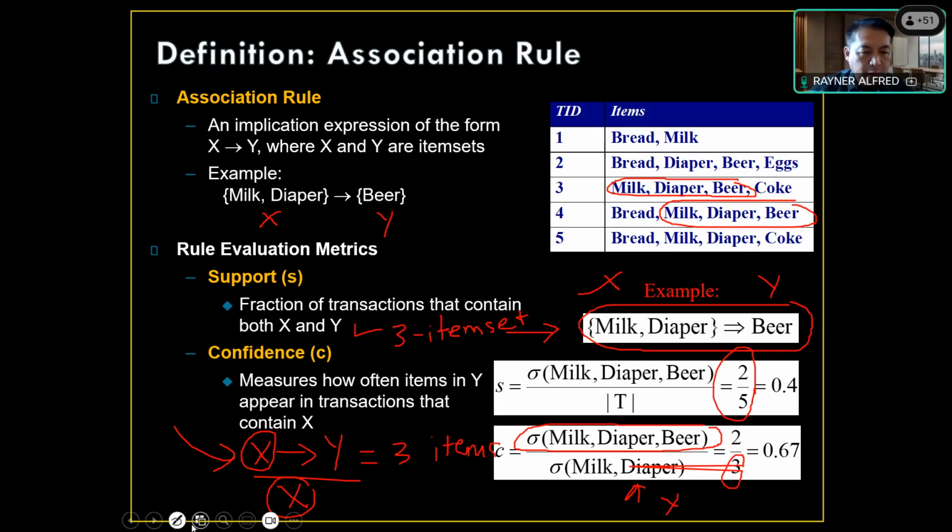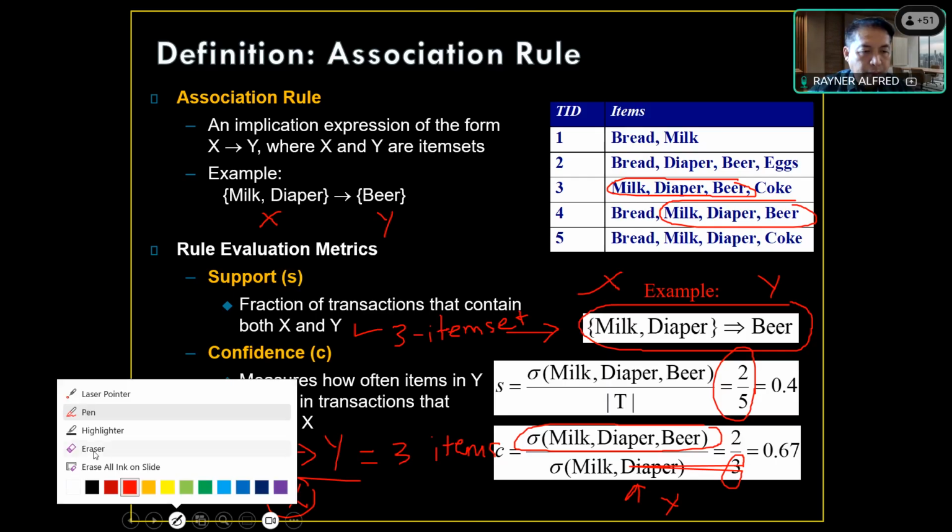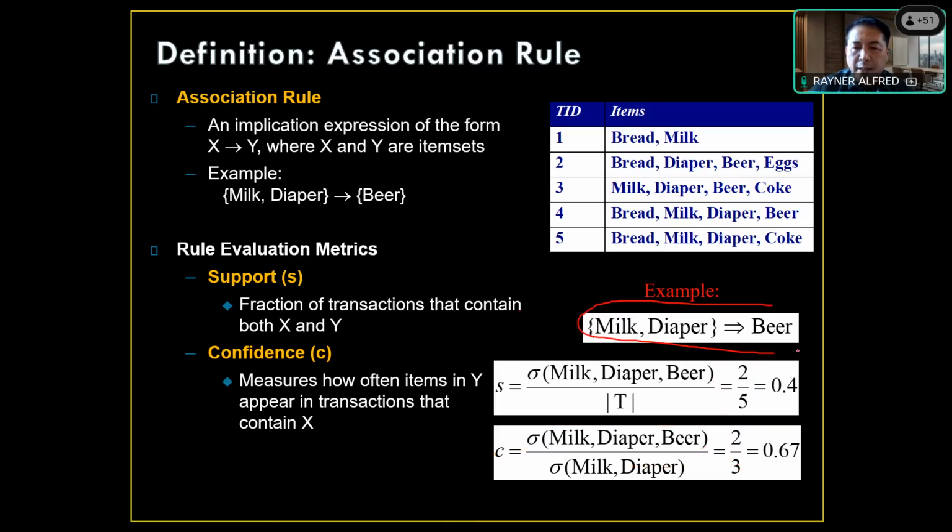For instance, they can put all of them near to each other, or they can bundle up the one that is not popular with the popular item. So that's why sometimes we go to the supermarket and we end up buying things that are not necessary because they are bundled up together.